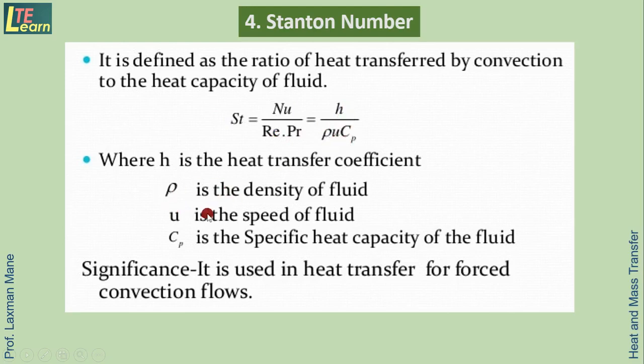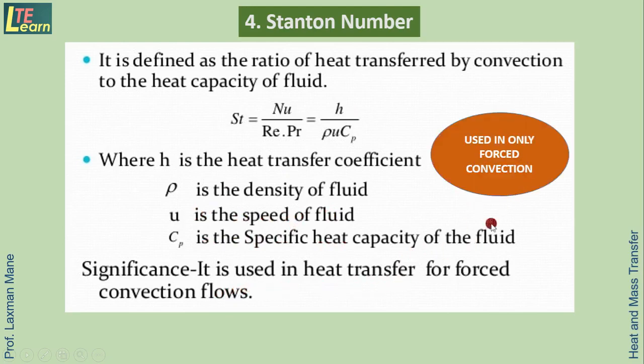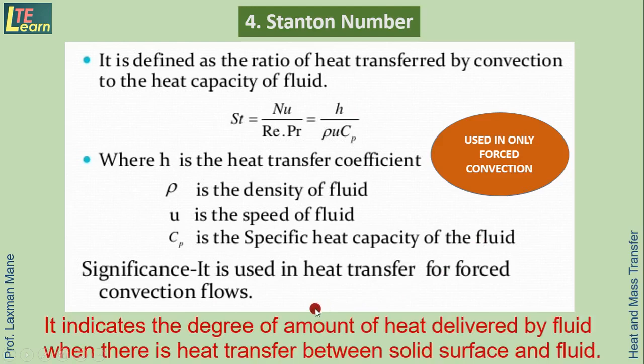Rho is density, U is velocity, Cp is specific heat of the fluid. Stanton number is used in forced convection flows. It indicates the amount of heat delivered by fluid when there is a heat transfer between solid surface and fluid.